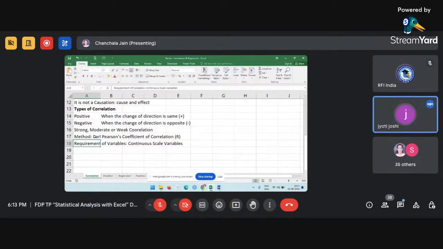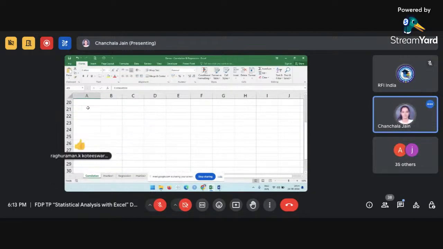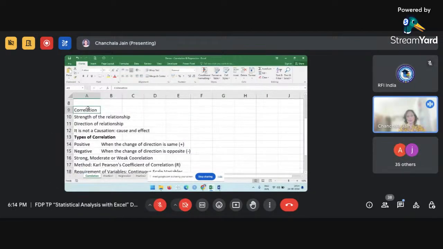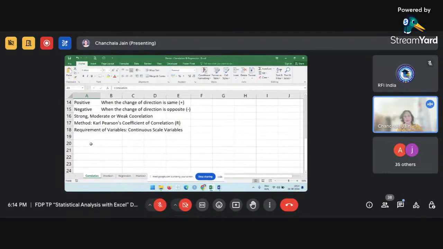Yes, madam. Fine. Now moving ahead, I think it is enough to understand the concept. How to perform correlation, I'll show you afterwards. Firstly, I'm talking about the next concept, that is regression.